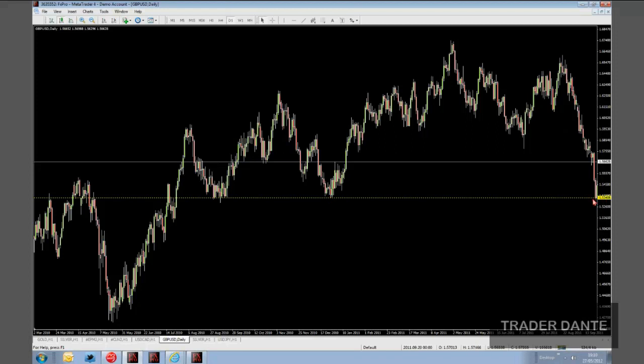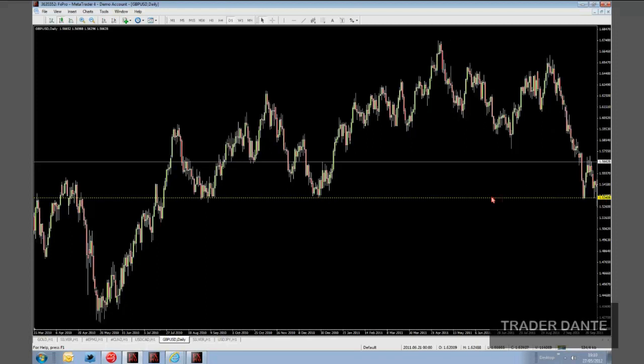As we trade into a level like this in cable, the traders will start to buy. And the more that a support level has been hit, supposedly the stronger it becomes. That's the conventional thinking that traders learn all the time. The more a support level has been hit, the stronger it becomes. The more a resistance level has been hit, the stronger it becomes.